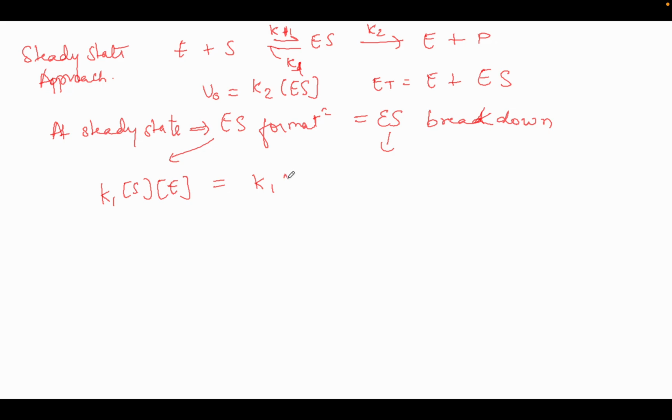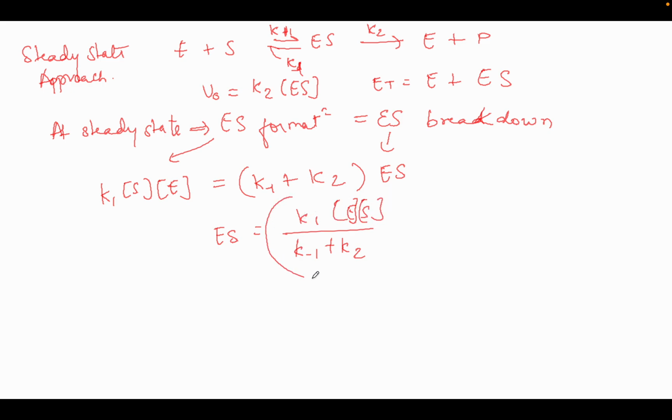It is equal to K minus 1 plus K2 times ES. If we simplify this, we'll get K1 upon K minus 1 plus K2, times enzyme and substrate, and this term is the Michaelis constant Km.